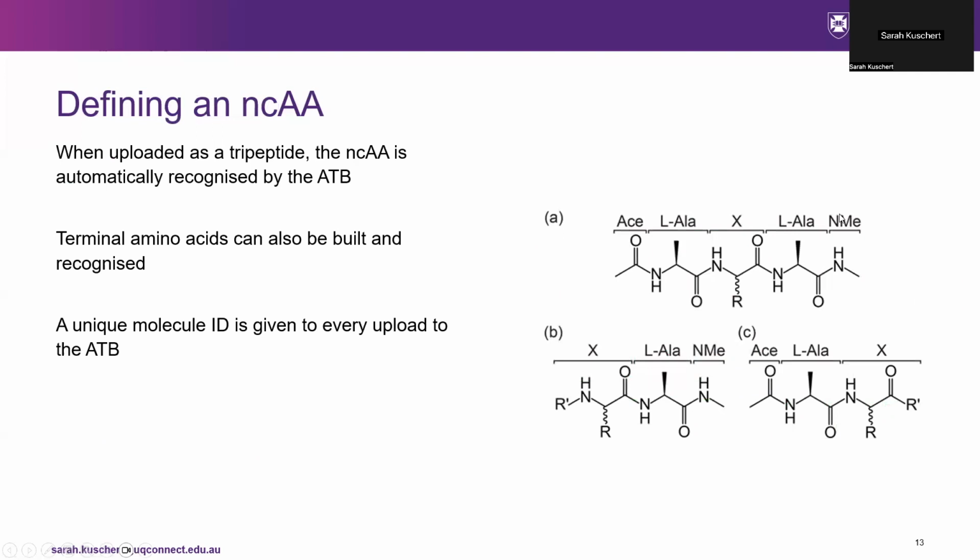With these, when I build it in PyMOL, I save it as a PDB and upload it to the ATB. You can also build terminal amino acids to be recognized using an N or C terminal dipeptide. And upon submission to the ATB, every molecule is given a unique identifying number, which means you can track it through all the different processes and revisit it many years into the future.